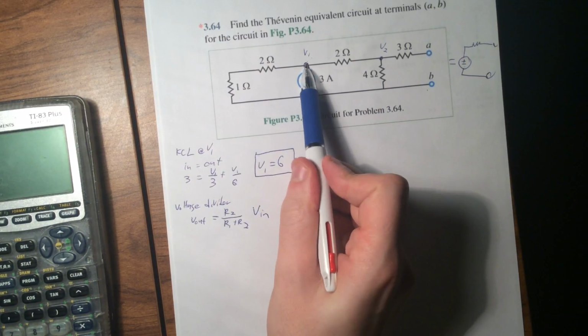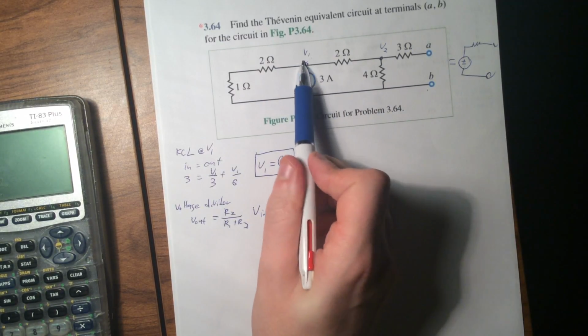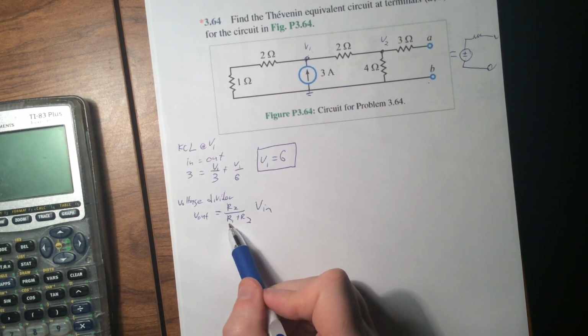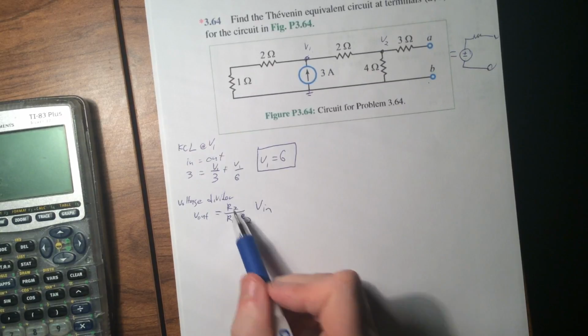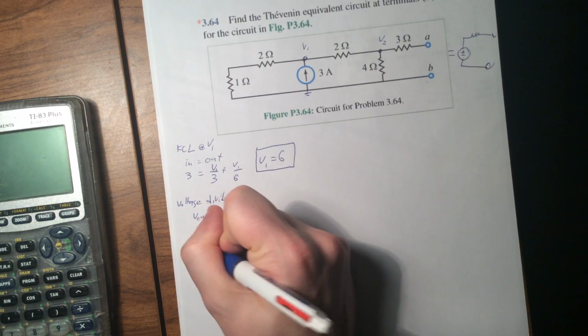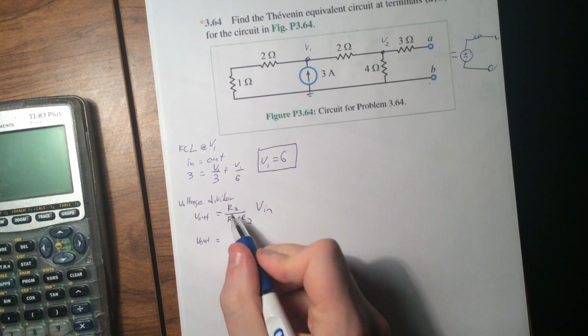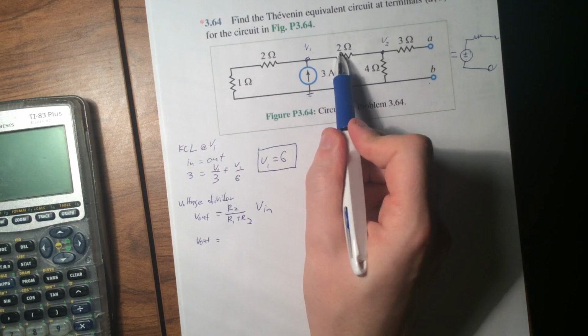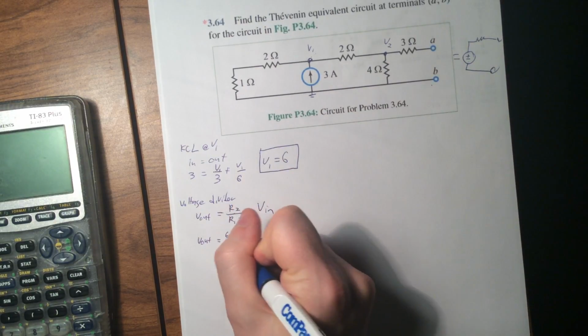Just like, remember, here we have a current divider because some of the current's going this way, some of the current's going this way. So we've got V out equals R2 over R1 plus R2 times V in. For our R2, that's going to be 2 plus 4, so 6.